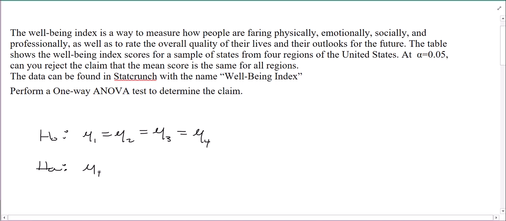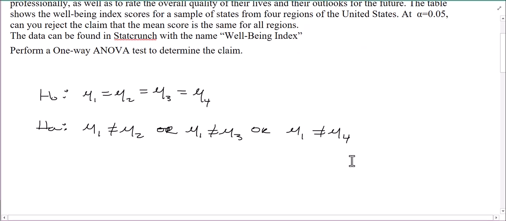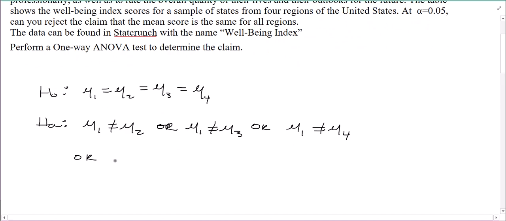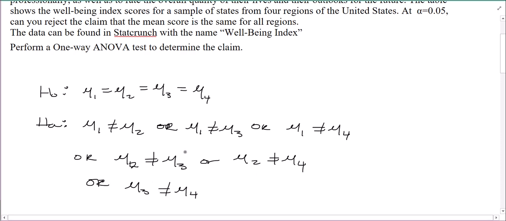So either mu1 is not equal to mu2, or mu1 is not equal to mu3, or mu1 is not equal to mu4, and you can go down the line, or mu2 is not equal to mu3, or mu2 is not equal to mu4, or mu3 is not equal to mu4.